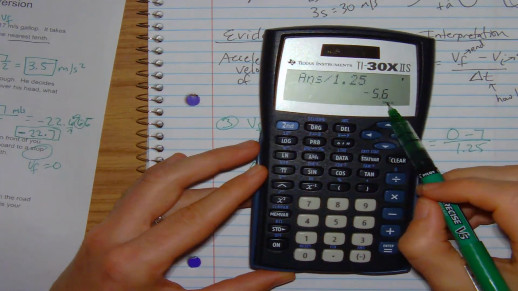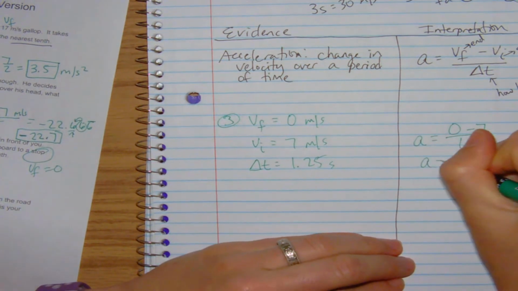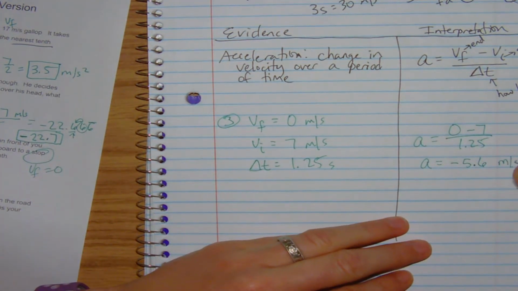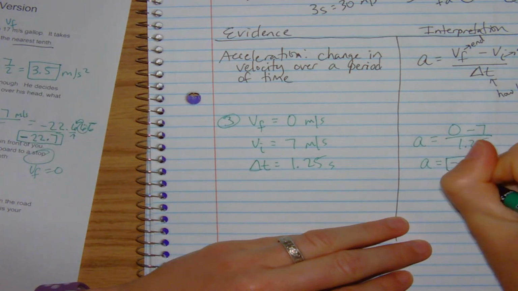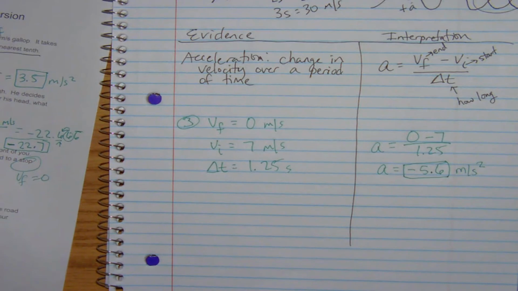Don't have to worry about the rounding. It's already just to the tenth. So your acceleration is negative 5.6 meters per second squared. But again, all you would do is type in the negative 5.6.